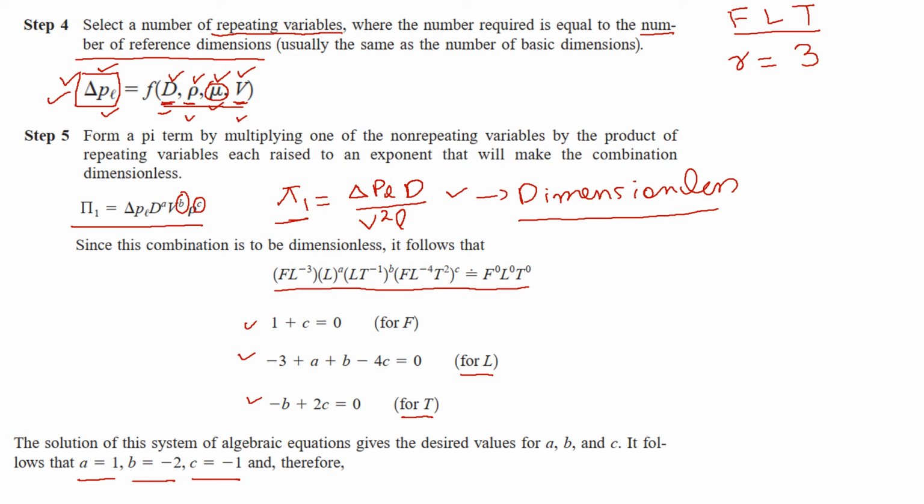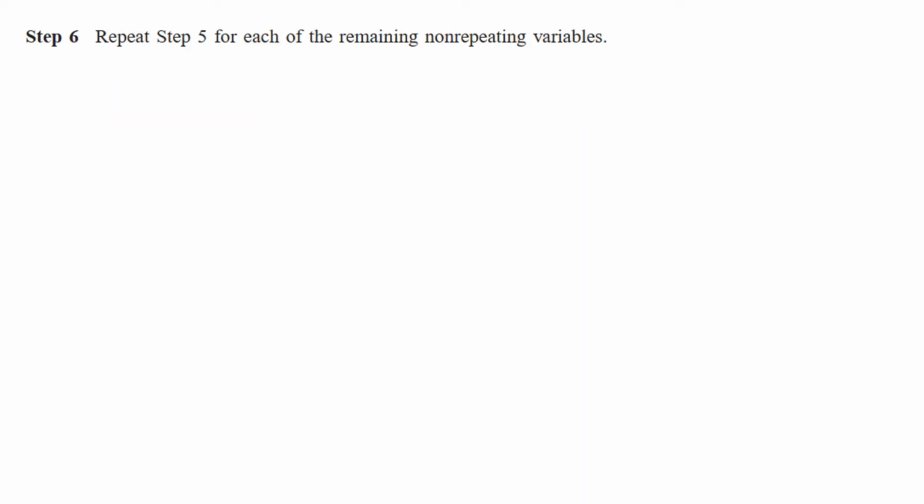This is the correct arrangement of pi 1, and if you write the dimensions of each of these variables, you will actually get a dimensionless number.